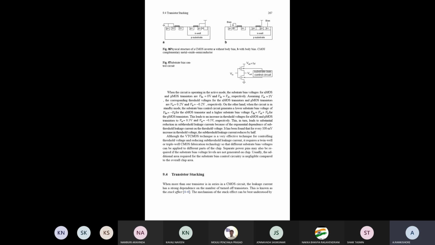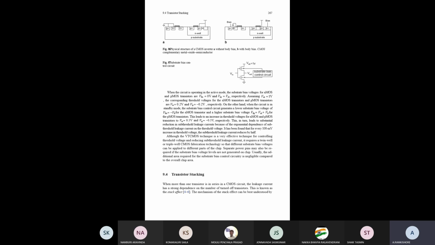Transistor stacking is nothing but, if we are using more than one transistor in series in a CMOS circuit, the leakage current has a strong dependence on the number of turned off transistors. Based on how many transistors are turned off, the leakage current will become higher. If more transistors are in idle or off condition, the leakage current will be more effective on the circuit.